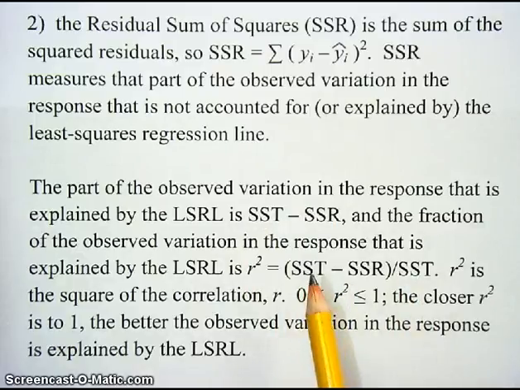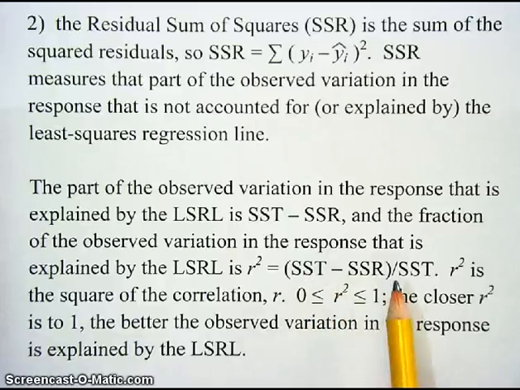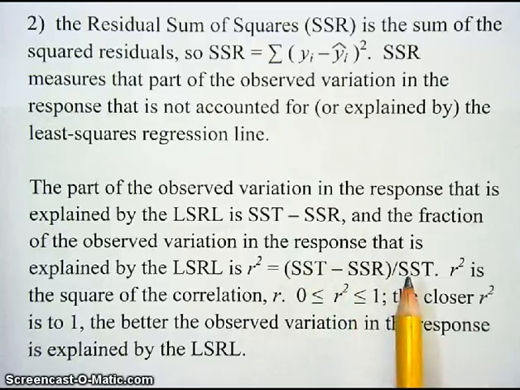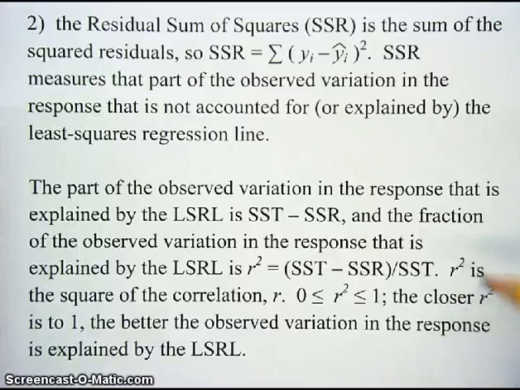The difference between the total sum of squares and the residual sum of squares, divided by the total sum of squares. And this will give us a fraction of the SST that's explained by the line. It's basically the total variation minus what's unexplained. That gives us the explained portion. We divide that by the total sum of squares, and we get the fraction of this that's explained by the line.